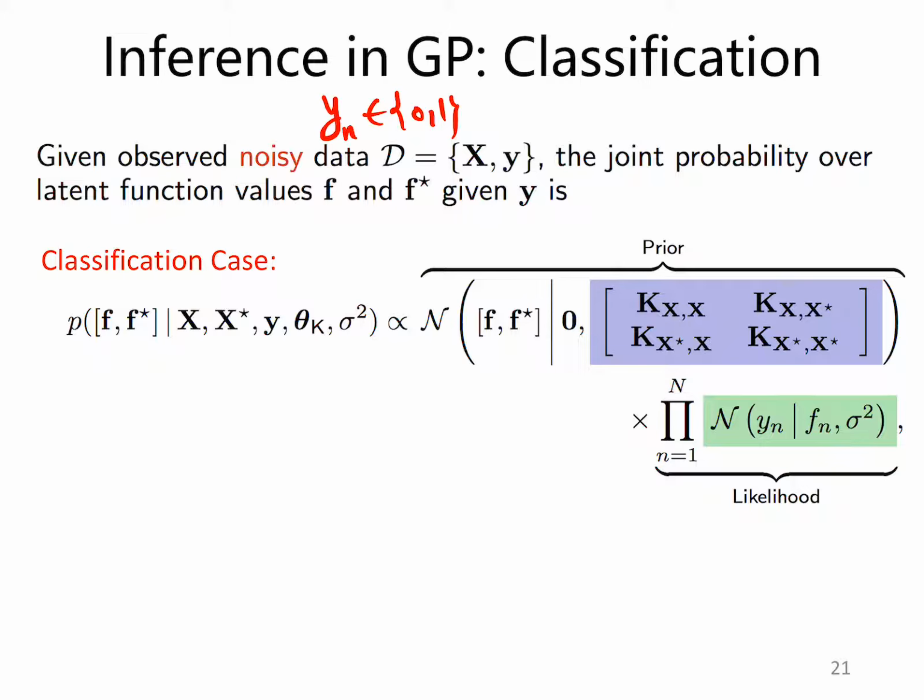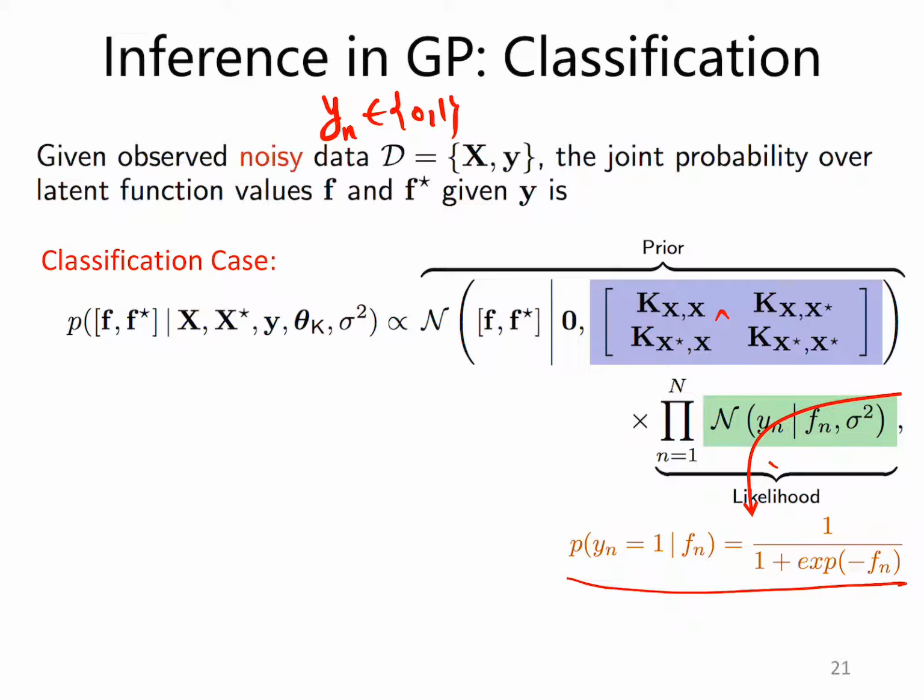So you cannot add a normal noise to this. In this case, your likelihood is not normal, but it has some sort of sigmoid function: you put your prediction function in, and that produces a chance of this coin flip, like 0 or 1. Because remember, your y is not Gaussian anymore. It doesn't make sense to model it with a Gaussian. The problem here is that when you have a likelihood that looks like this, you cannot absorb it with your prior. So what should we do?